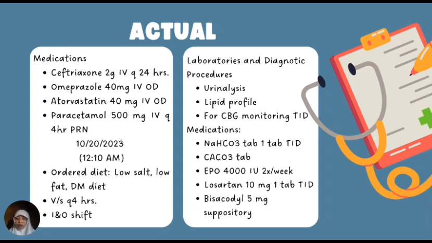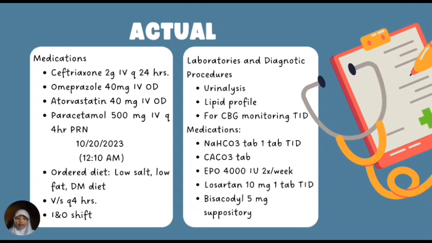Next, we have calcium carbonate, 3 tabs. So this medication is used as a calcium supplement. Patients with kidney failure often experience imbalance in minerals. So proper calcium levels are also important for bone health and nerve function.